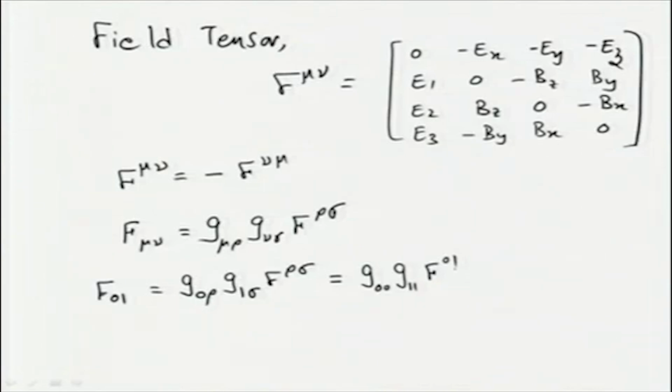So, F 0 1 with lower indices is related to F 0 1 with upper indices, and this is equal to G 0 0, which is plus 1, times G 1 1, which is minus 1, therefore altogether there is a minus sign. F 0 2 is similarly minus F 0 2, F 0 3 is minus F 0 3.